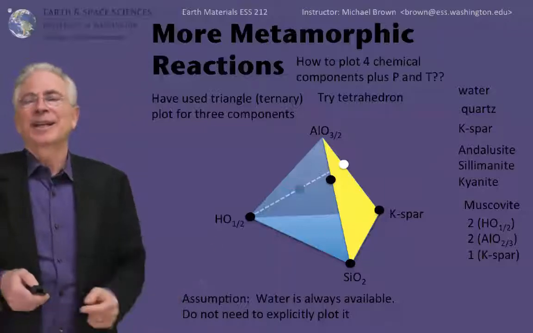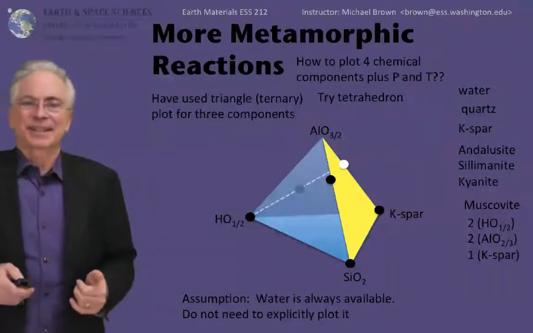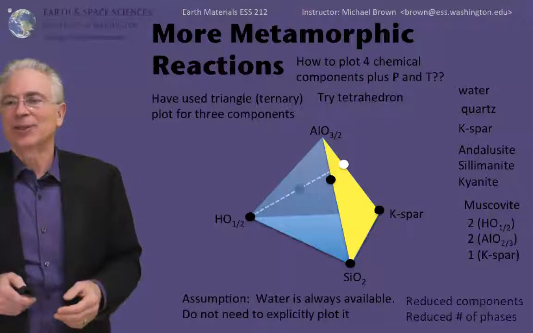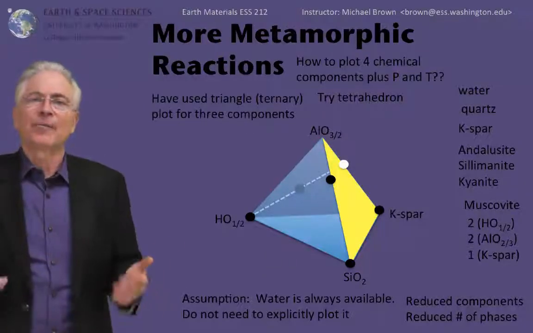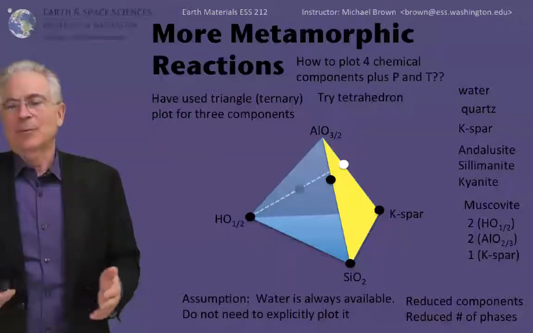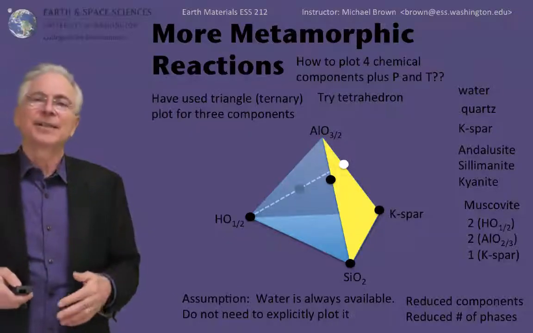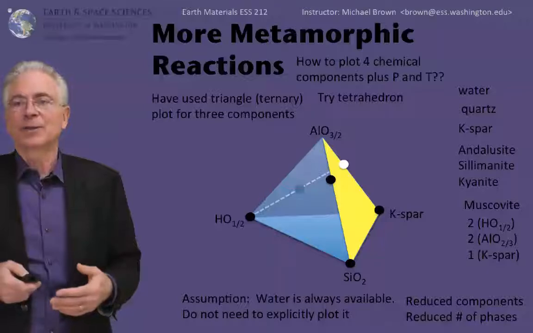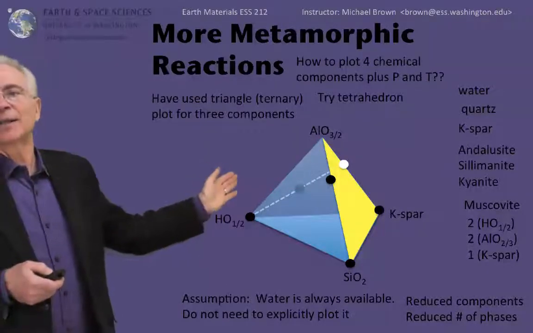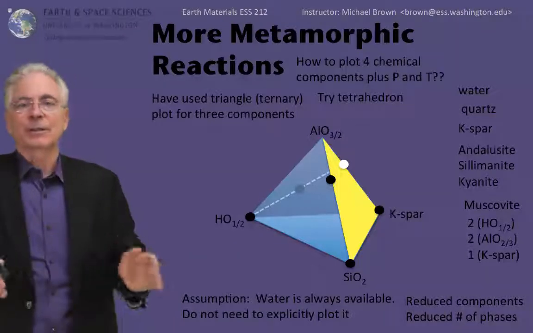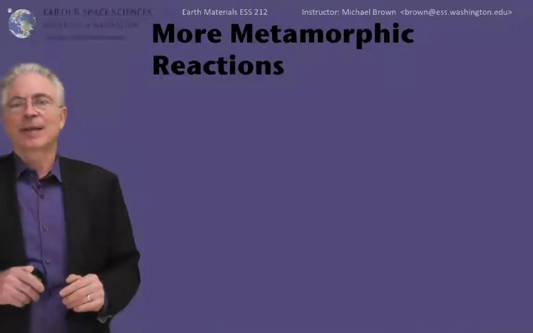We can get away with letting water be implicit in our representation. If we do that, we've reduced the number of components from 4 to 3. That will reduce our number of phases by the phase rule by 1 as well. And we can simply use the ternary plot outlined in yellow. And that's what I'll do on the next page.